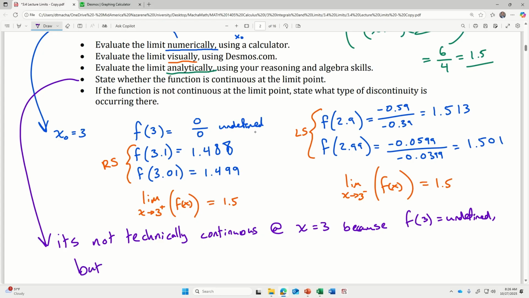But the discontinuity is removable. It's easily removed. It's a little hole in the function.